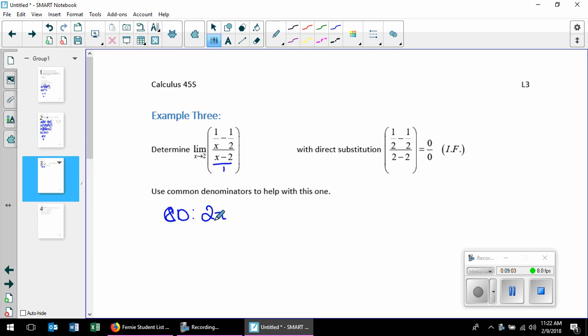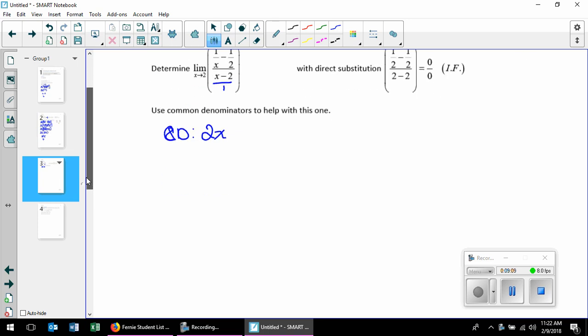So the easiest way to do this is you're going to multiply the top and bottom, numerator and denominator, by the common denominator. So that's 2x. Let's look at this. We'll make this nice and big. So 1 over x minus 1/2.